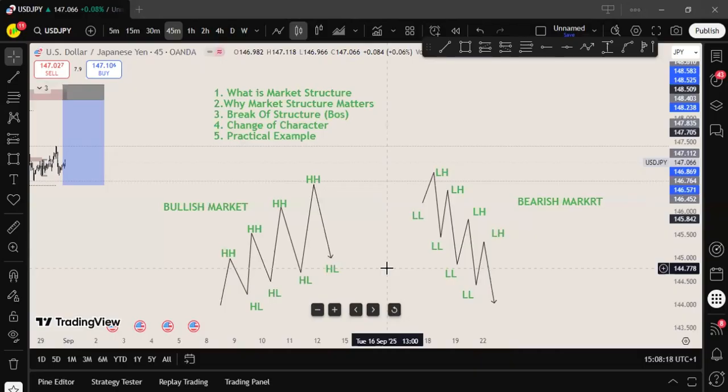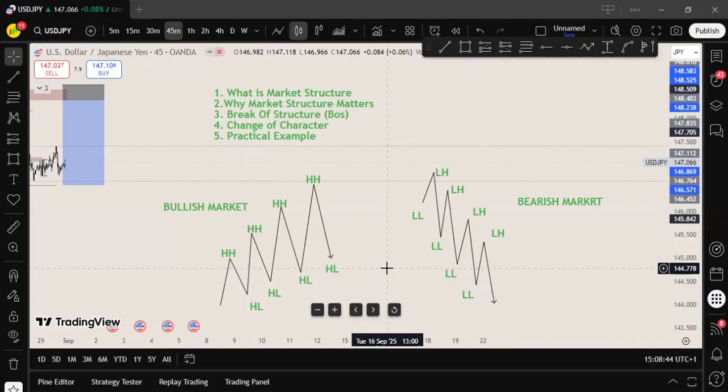Let me repeat myself: market structure is the movement of the market. Why does it matter? If we don't know the direction of the market, we will just be trading blindly. And like I said before, we have only three types of markets.